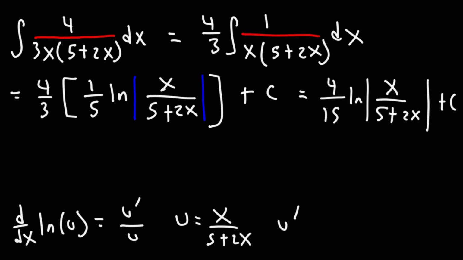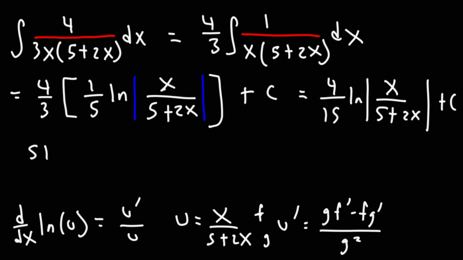So we need to determine u prime, which means we need to use the quotient rule, which is vu prime minus uv prime over v squared. But because we already are dealing with u, let's use a different formula. Let's use the quotient rule in terms of f and g. So u prime is going to be g f prime minus f g prime over g squared.